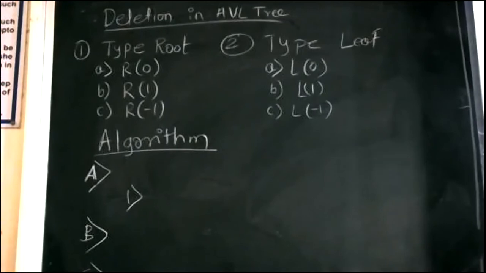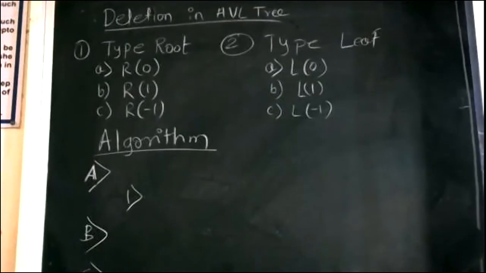A is the nearest ancestor of the deleted node.